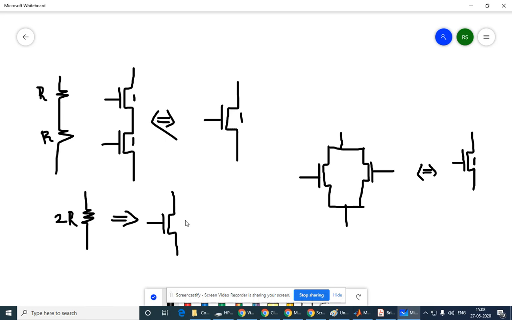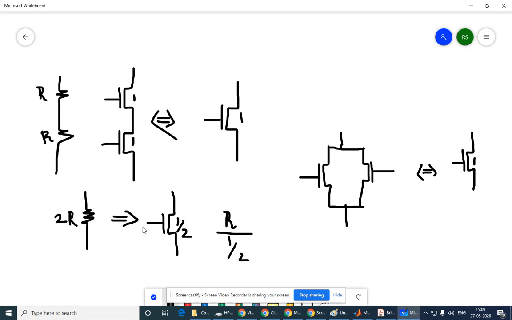And how do we know that? We have to again look at that K1 diagram that we wrote. If I put W by L equal to half, okay, this is not possible theoretically, of course, but just for the calculation, if I put W by L equal to half, that single NMOS transistor will have resistance R divided by half, and this is equal to 2R.